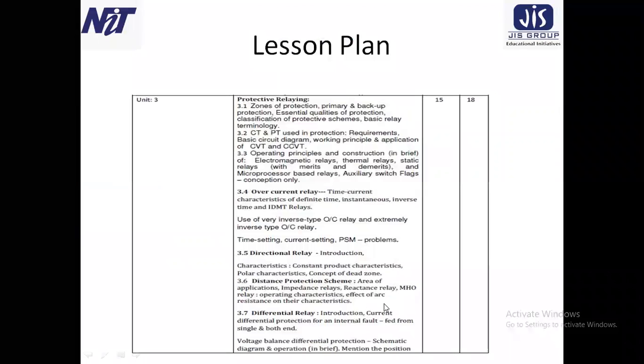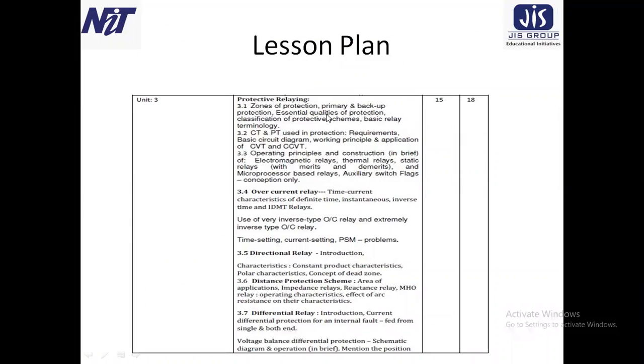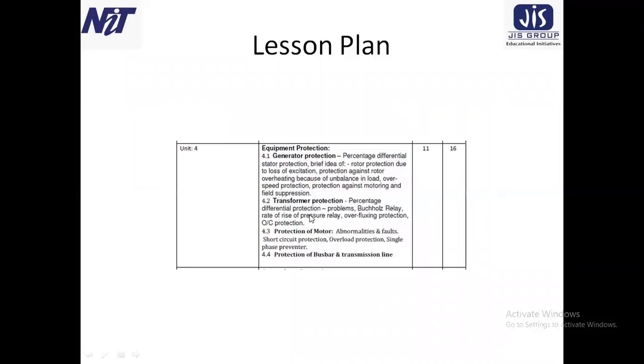Then in unit 3 there are protective relays, like overcurrent relays, the directional relay, distance protection schemes, differential relay, and then finally in unit 4 there is equipment protection like generator protection, transformer protection, protection of motors, protection of bus bars and transmission lines.